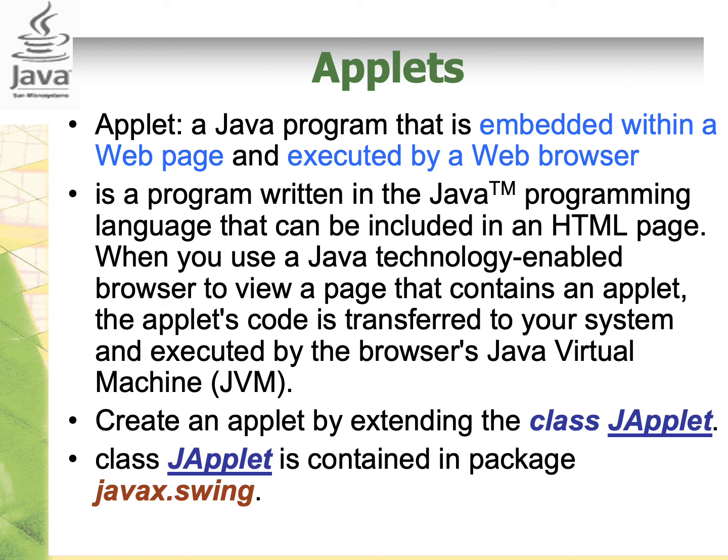When you use a Java technology-enabled browser to view a page that contains an applet, the applet's code is transferred to your system and executed by the browser's JVM. However, most browsers nowadays do not support applets anymore.